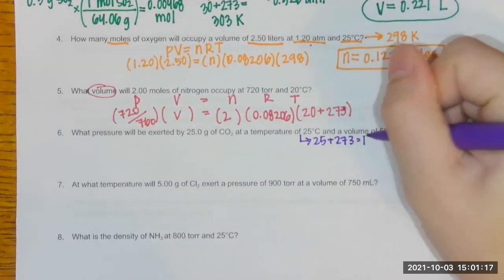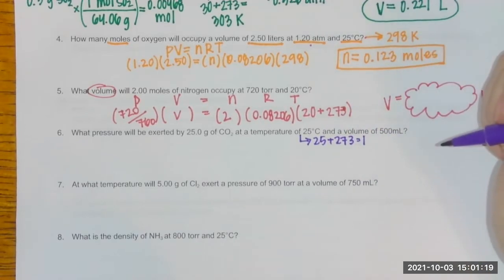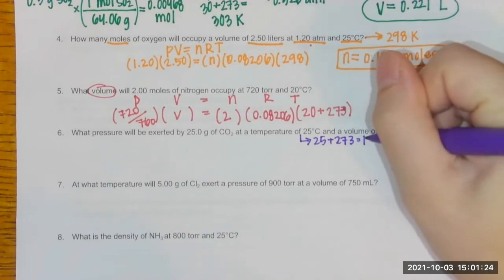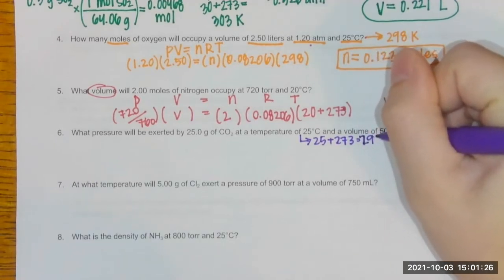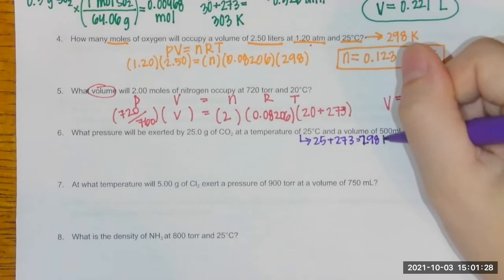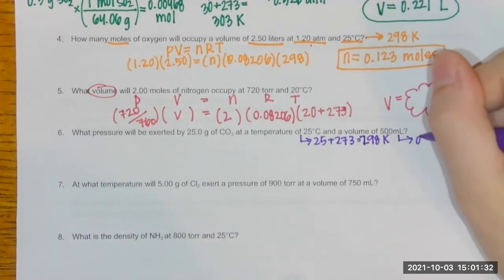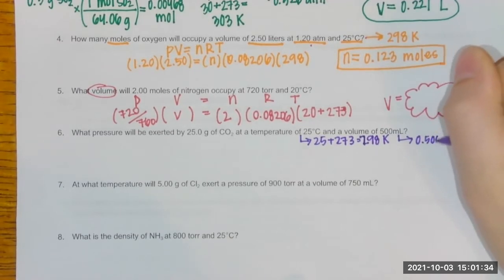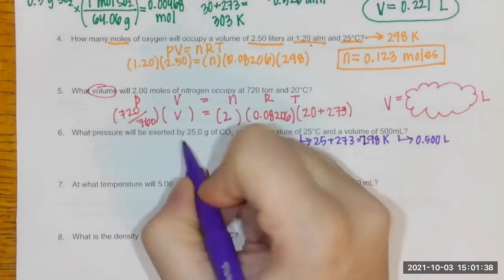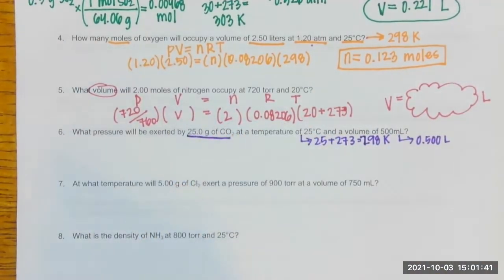And that's going to be, what is that? 25 plus 273. I probably should be able to do that in my brain. 298 Kelvin, and 500 milliliters converted to liters would be 0.500 liters. So I've got everything converted except for I need to get grams into moles.